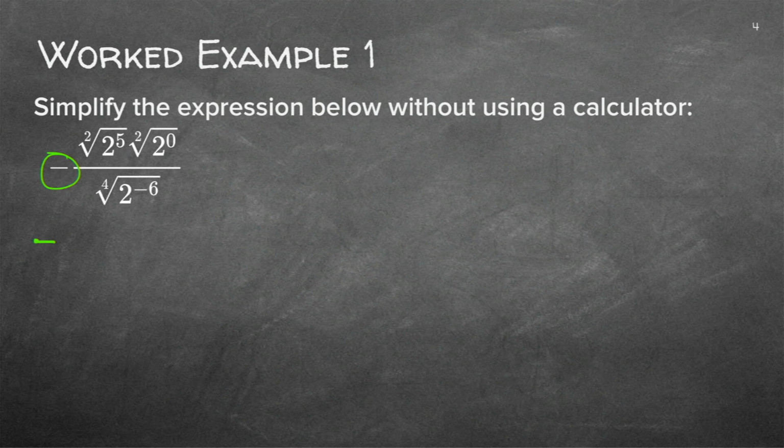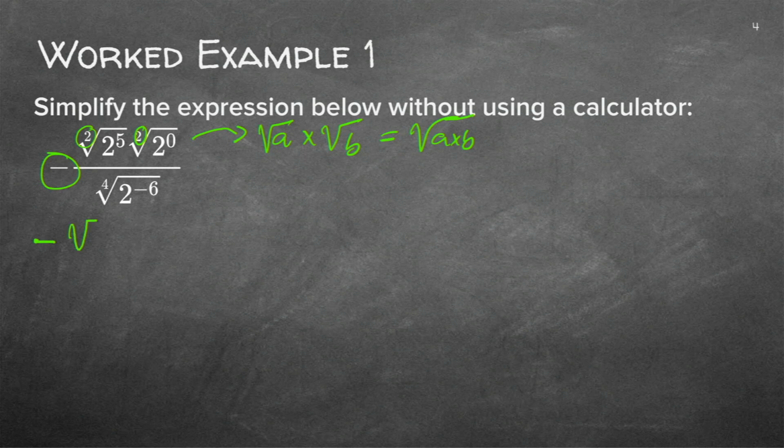And the top part, we are going to look at the rule that says if you multiply two values like that, you can simply use one square root sign and say this is a times b. Since you have 2 there and 2 there, it means you have the same thing.